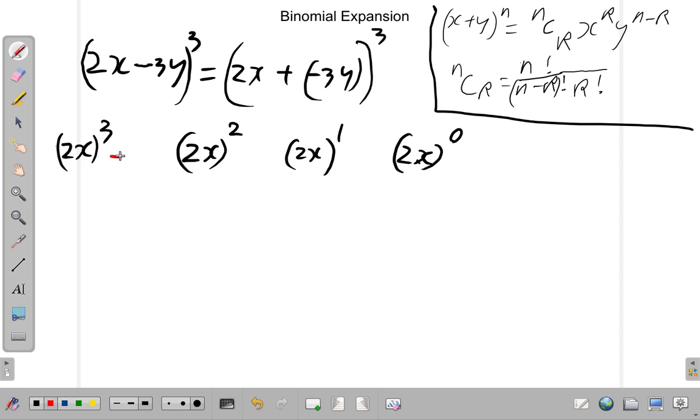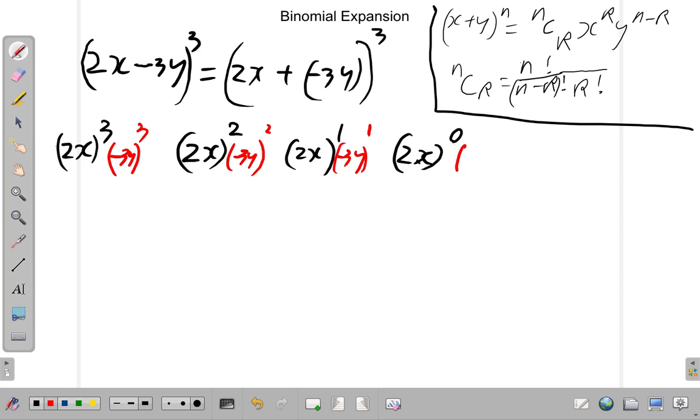So negative, this times negative, minus 3y, I should say. Minus 3y to the 3. This will be multiplied by minus 3y to the 2. This will be multiplied by minus 3y to the 1.